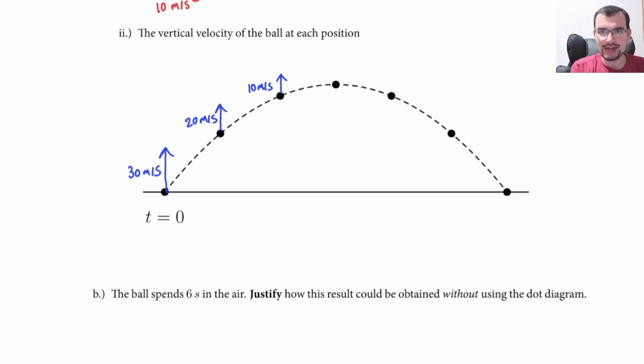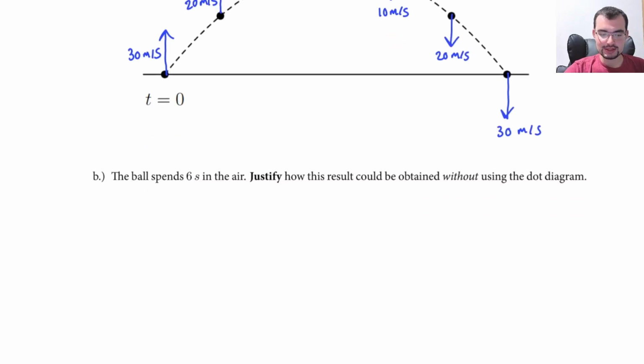You could also think about it as adding negative 10: 30 minus 10, minus 10, minus 10, minus 10, minus 10. So now you can see why they're adding on the way down, because you're just getting more negative. So nice symmetry here. The ball spends 6 seconds in the air.